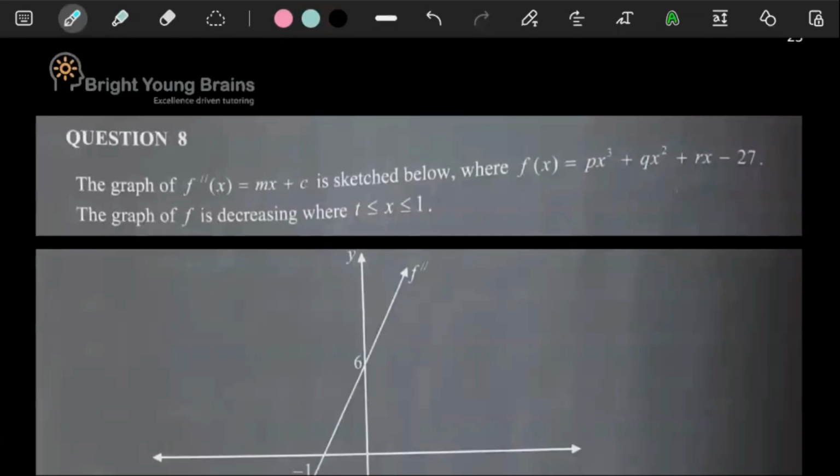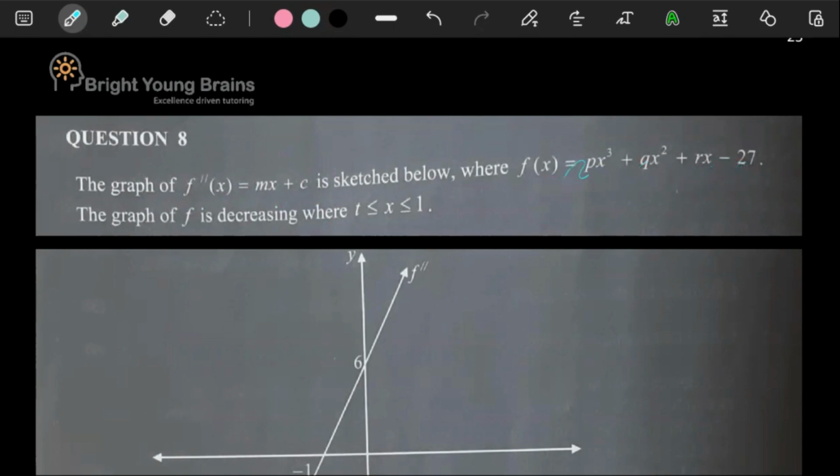Question number 8 says the following. The graph of the second derivative is equal to this equation. If the graph of the second derivative is equal to this, it's a straight line, right? Where your original graph of f of x looks like this. It's a cubic function.